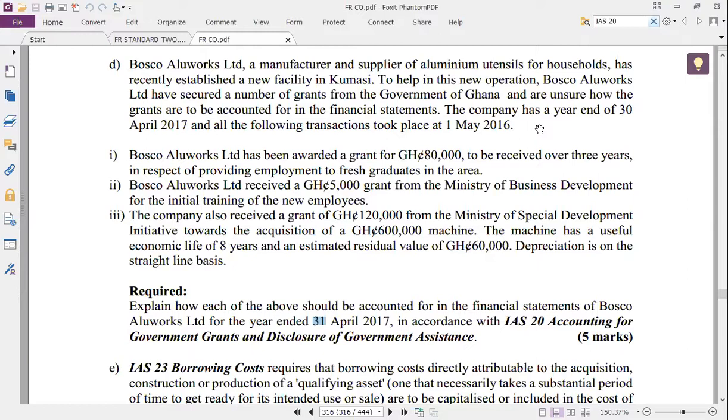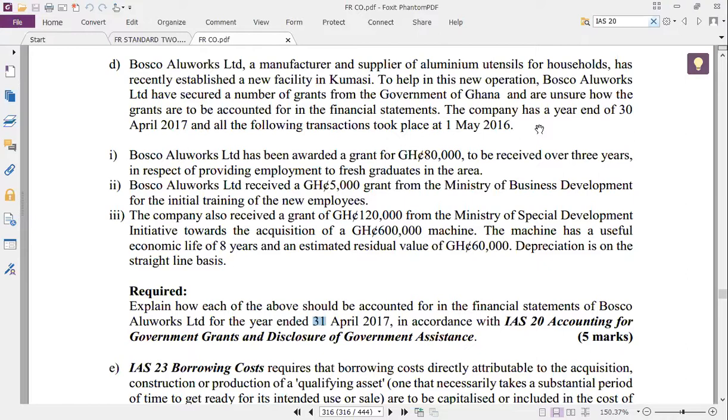Bosco Aluwex Limited has been awarded a grant of 80,000 to be received over 3 years in respect of providing employment to fresh graduates in the area. So how do you treat this? Is it a capital grant or is it a revenue grant? Yes, revenue grant, and this is a situation where the condition has not yet been satisfied. The condition will be satisfied within the relevant range.